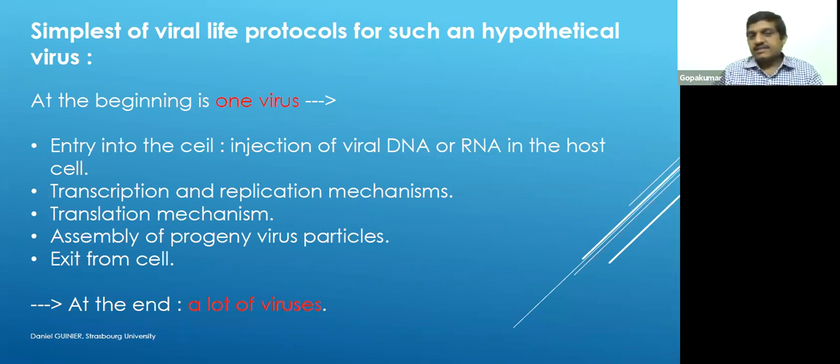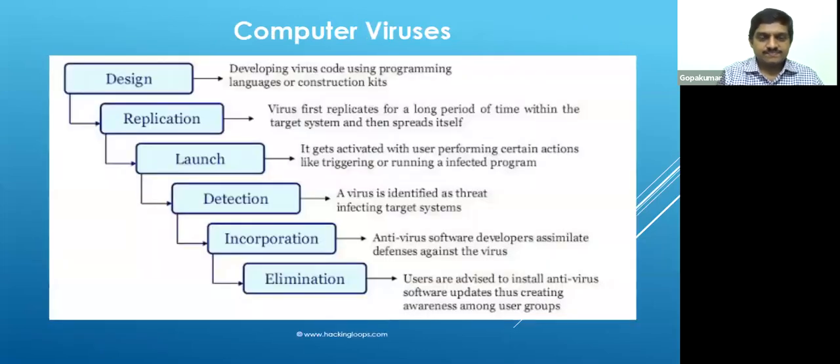Then entry into the cell, injection of viral DNA or RNA into the host cell, transcription and replication mechanism, translation, assembly of progeny virus particles, exit from the cell, and at the end you have a lot of viruses. That is the way a single virus can produce thousands, even millions of its replicas. That's a very difficult thing to solve.